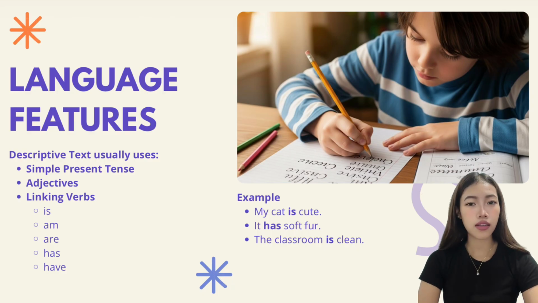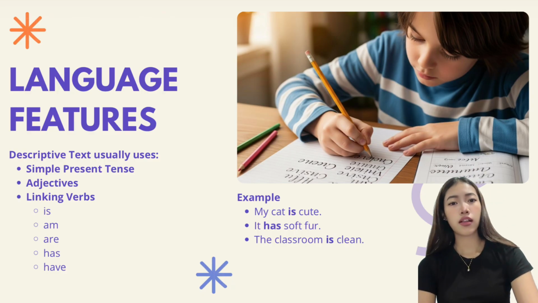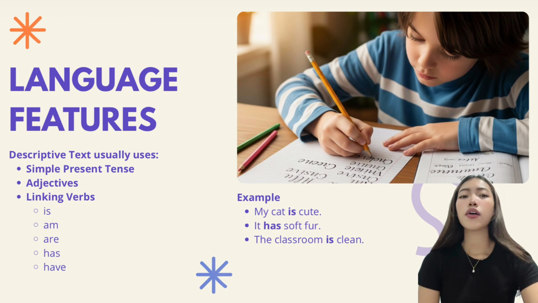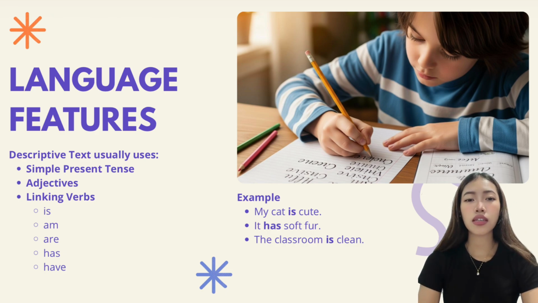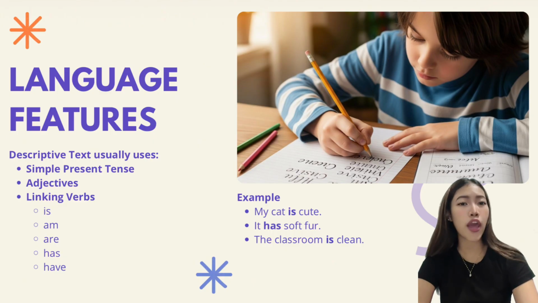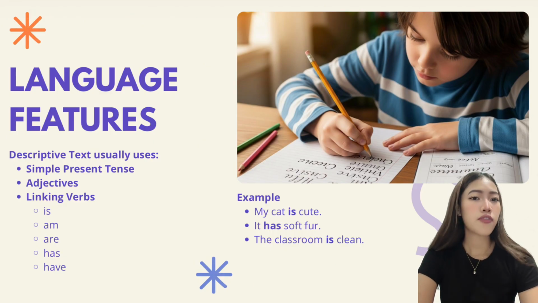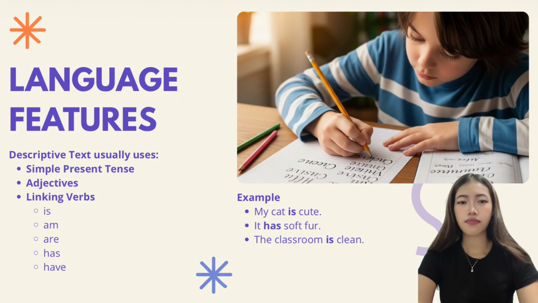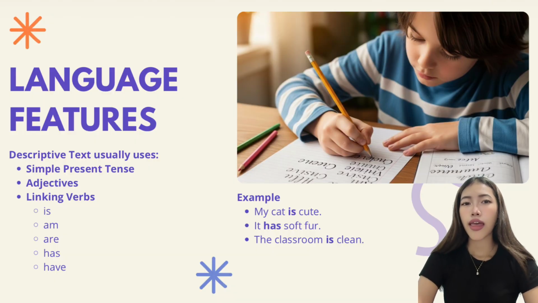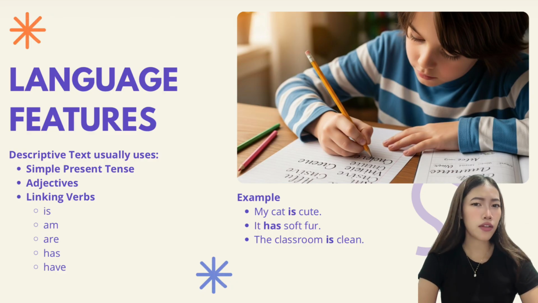For example, beautiful, friendly, tall, clean, smart, cute. We also use link verbs like is, am, are, and sometimes has or have. Let's read this example together. My cat is cute. It has soft fur. Very simple, right?